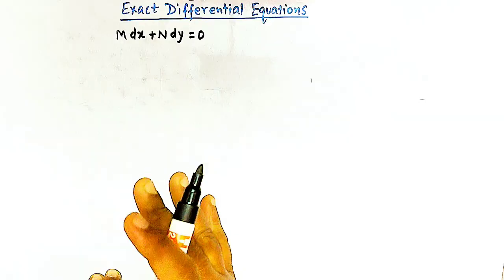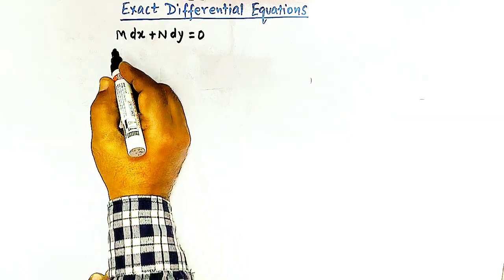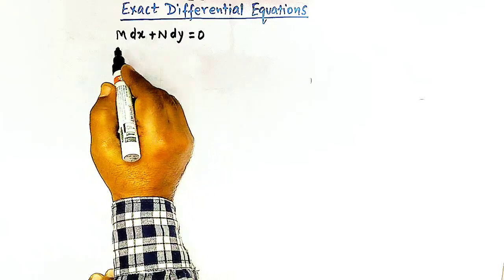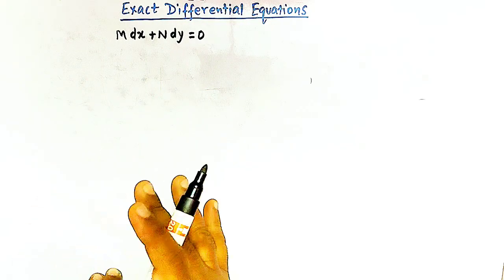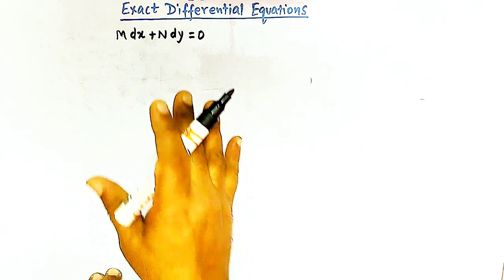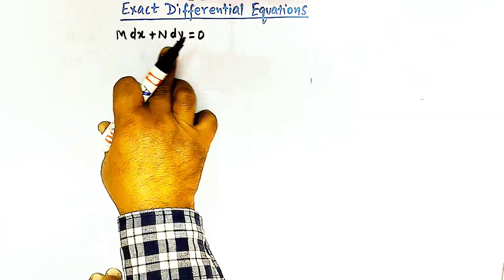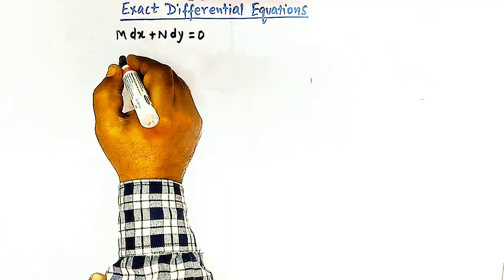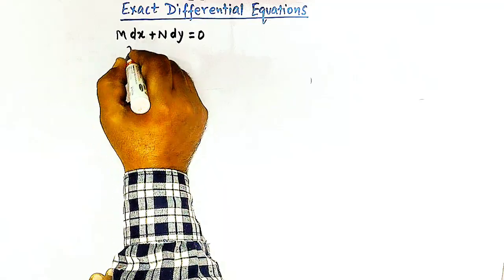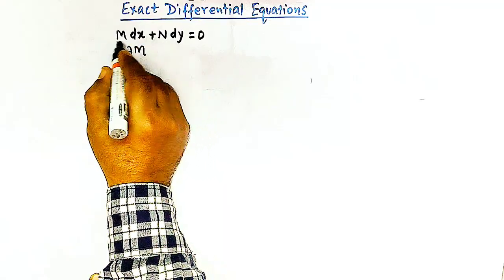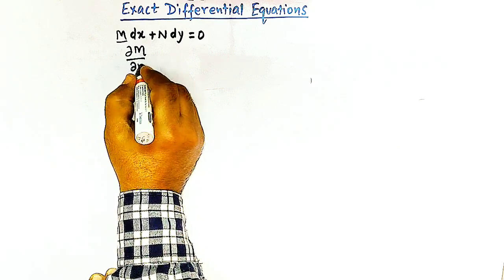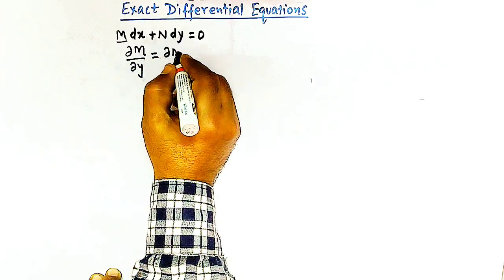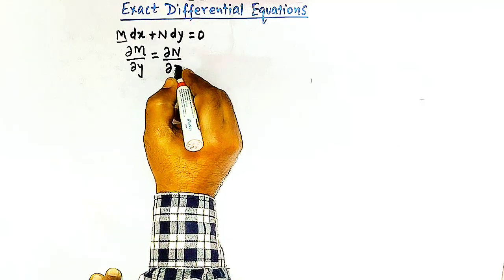to 0. Here the necessary and sufficient condition for a differential equation of this type to be an exact differential equation is that the partial derivative of M with respect to y is equal to the partial derivative of N with respect to x.